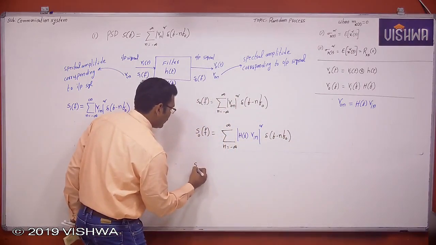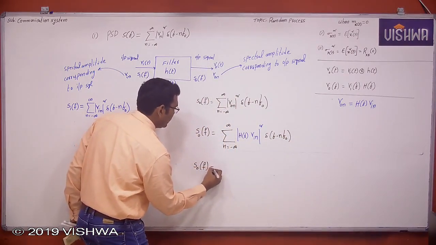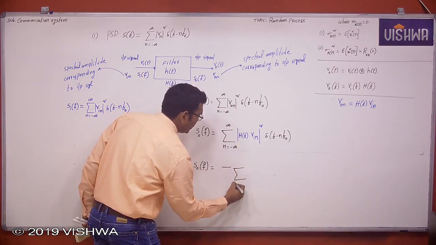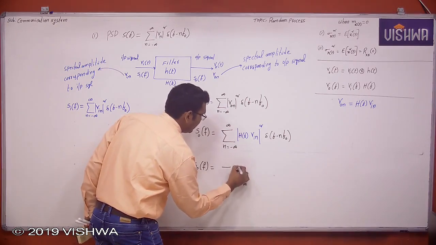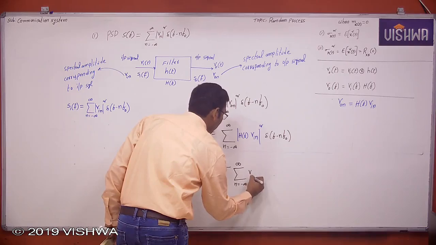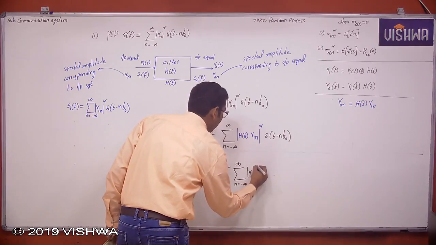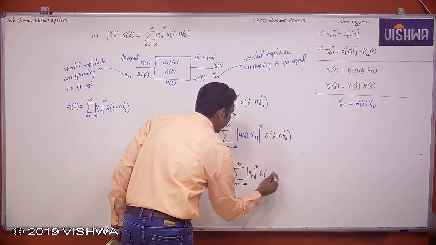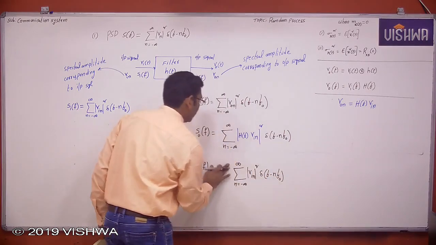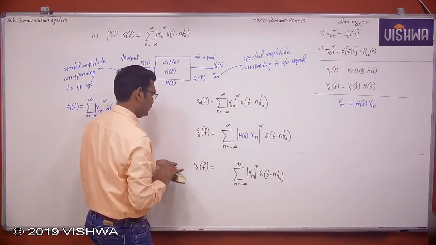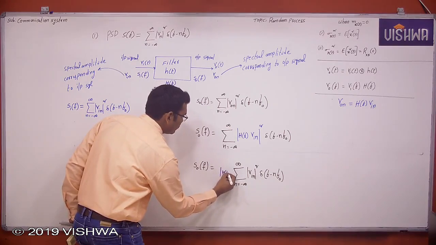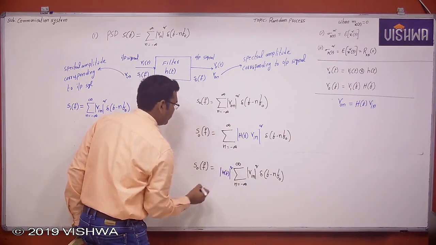Therefore, the power spectral density at the output of the signal is equal to the summation from n equal to minus infinity to infinity of Vin square into delta of f minus n f naught, into h of f square.